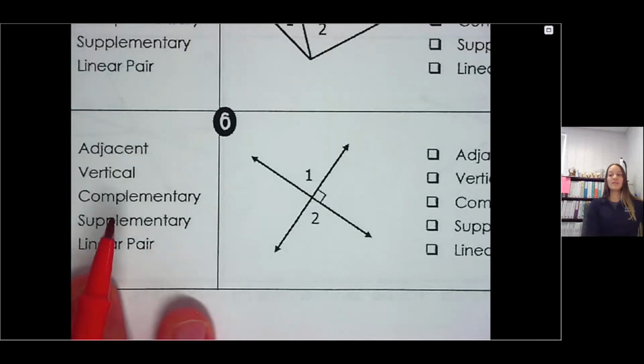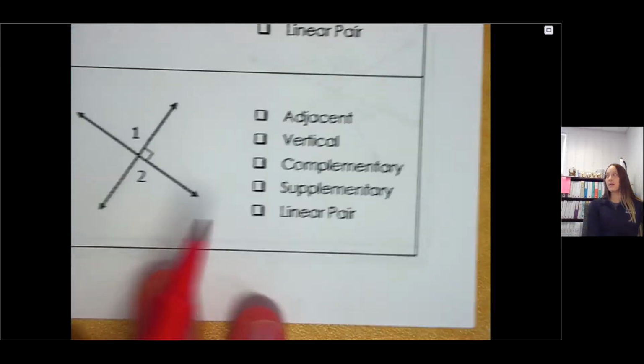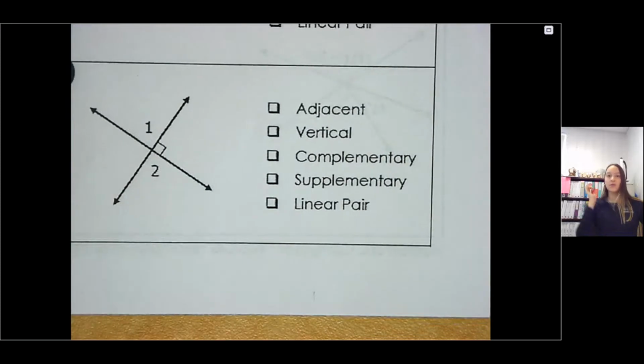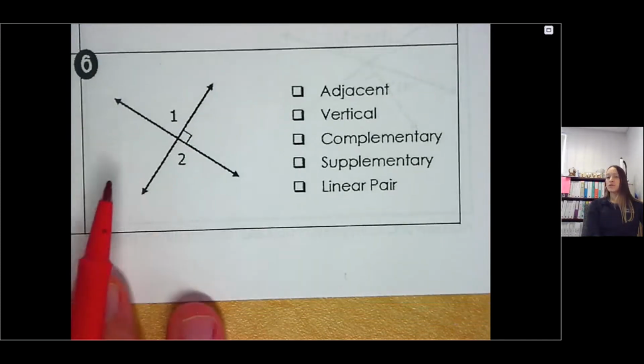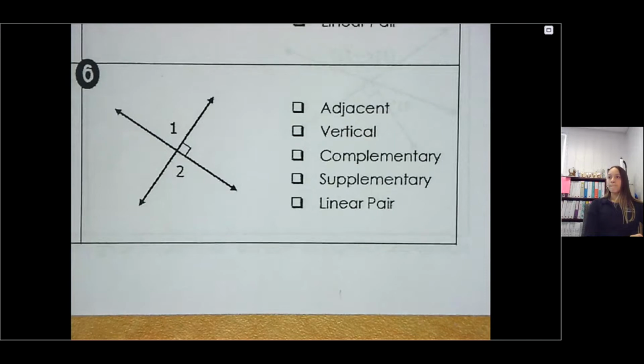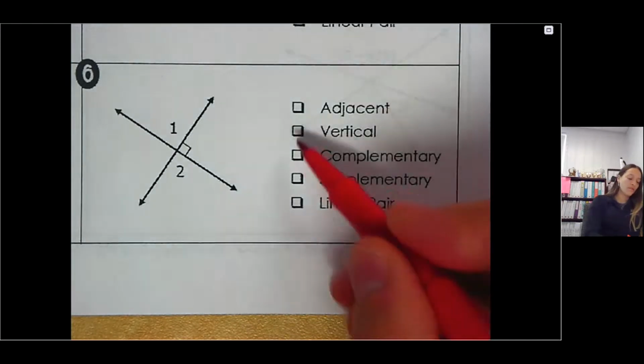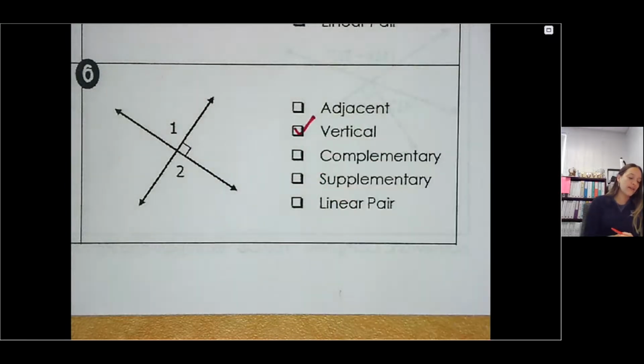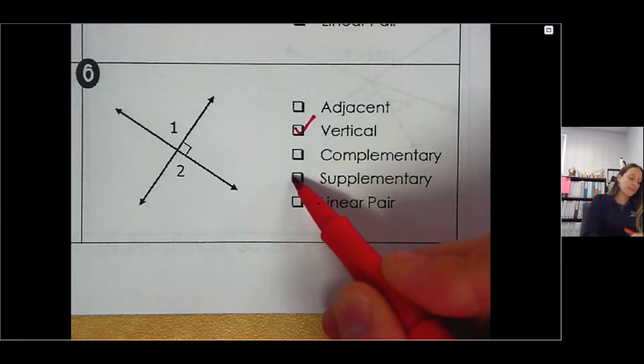So good job. Okay, and then the last one, number 6. What kind of angles are these? Olivia, what do you think? Vertical and supplementary. They are in fact vertical and they are supplementary. Why?